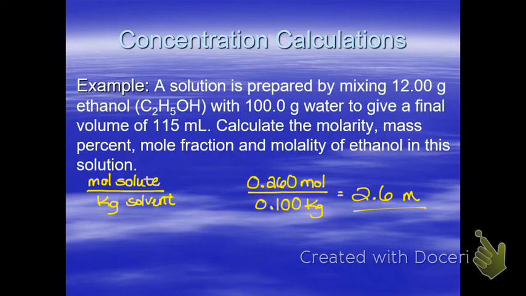So here's what I would suggest that you do. If you look over at the homework questions, you will see some headings. The first one says percent solutions, the next one says mole fractions, and then over on the next page there's a heading that says molality. In those 3 sections, what I would do is pause the lesson and do questions 1 and 2 in each of those subsections.